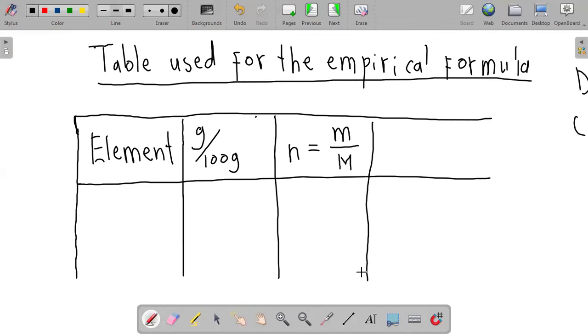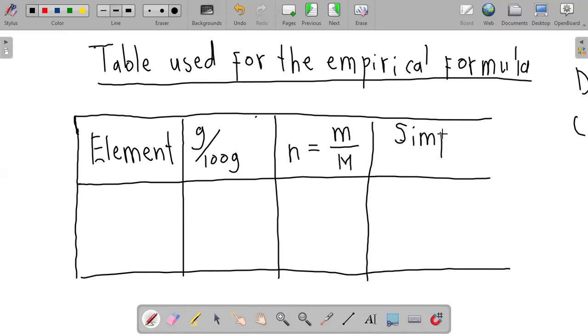And then the last column, this is where we have the simplest ratio. Because remember, the empirical formula by definition is the simplest whole number ratio. So the numbers are taken from here and we divide by the smallest number to get the simplest whole number ratio.